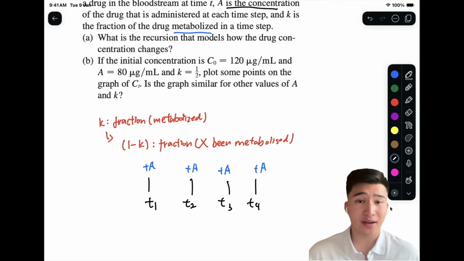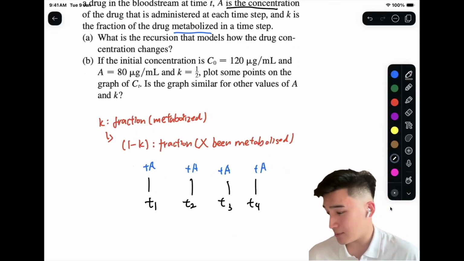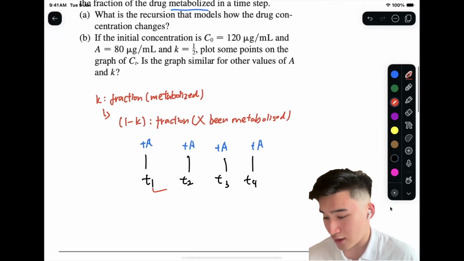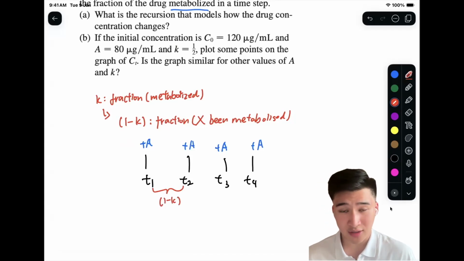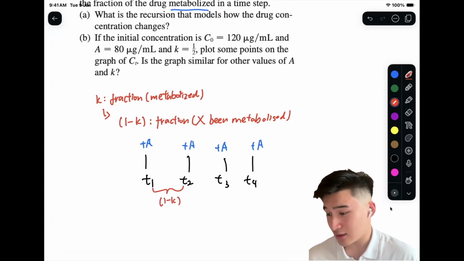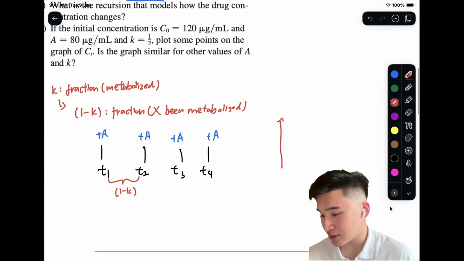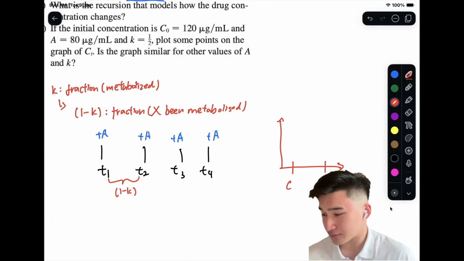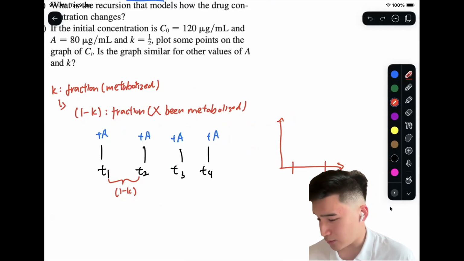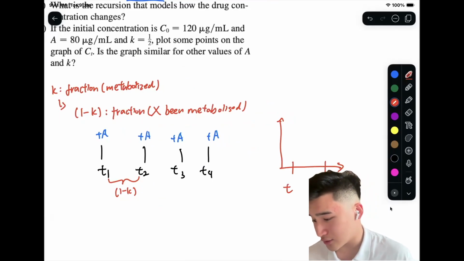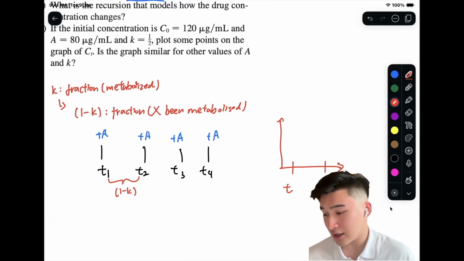Then as we approach the next time step, we have 1 minus K of the previous concentration remaining after metabolism. You can imagine this with a diagram: we have, for example, C_t, and T plus 1 over here, that's the time, and the concentration.